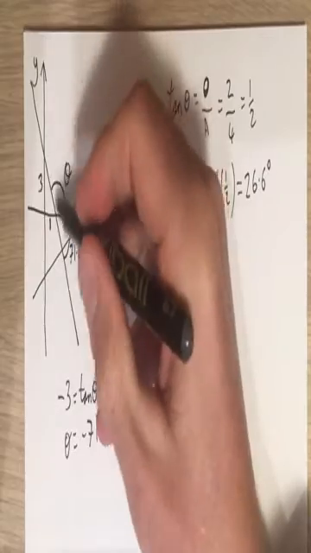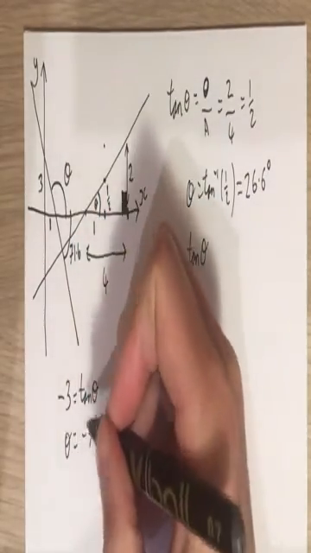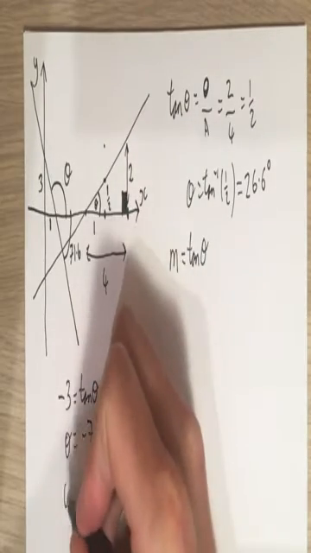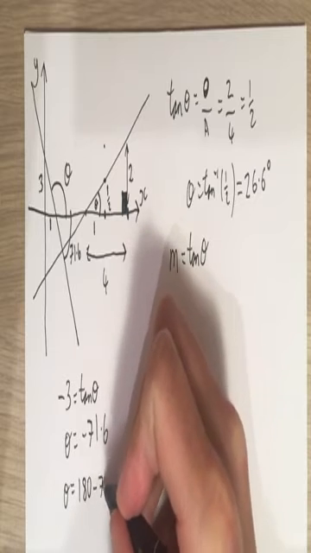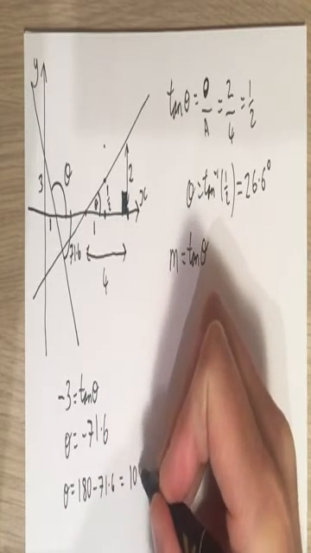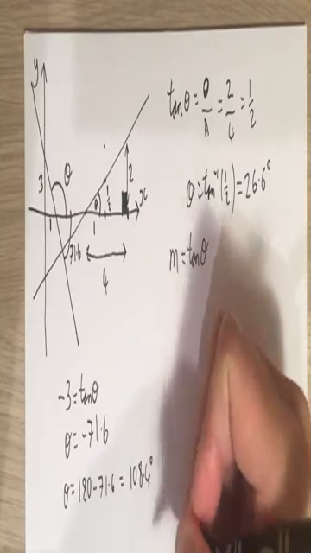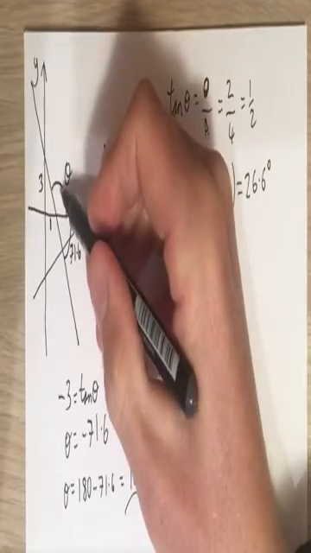So the easy way to work out what theta is going to be is to say theta is 180 minus 71.6, which is 108.4 degrees. So theta is going to be 108.4 degrees.